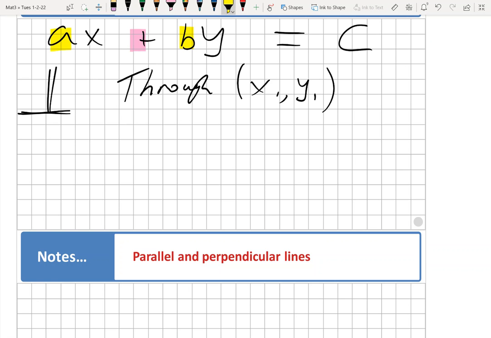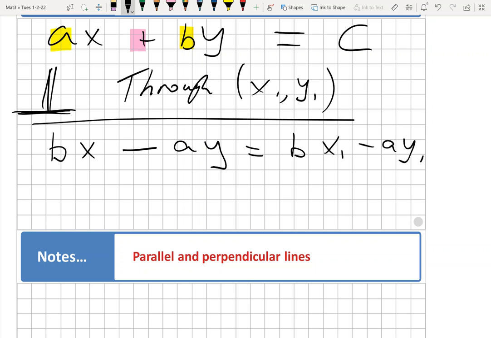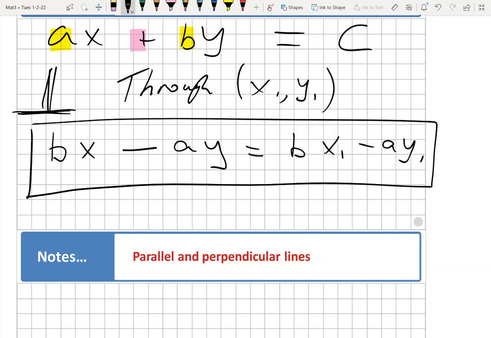A and b are swapping places and a is switching sign, and then we determine the constant using the given point. So for a perpendicular line, we say that'll be bx, plus turns to minus, a goes in front of y, and you go ahead and you determine that. And holy cow, isn't that easy? Isn't that just simple? One line and you're done. So we're going to enjoy doing the homework.